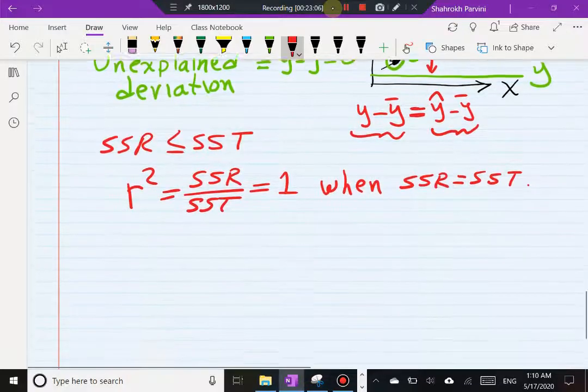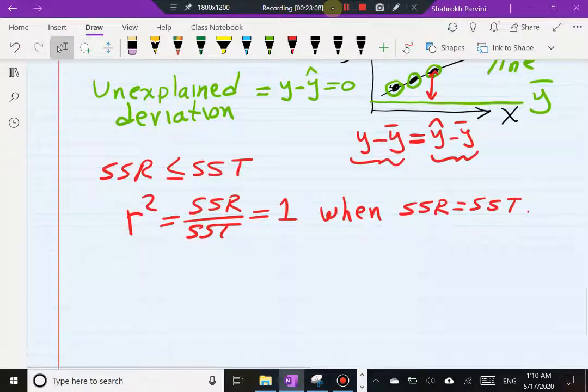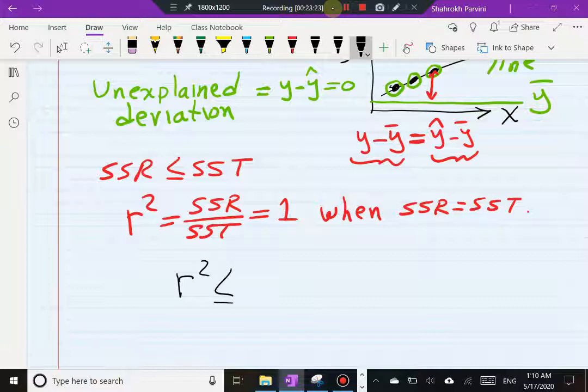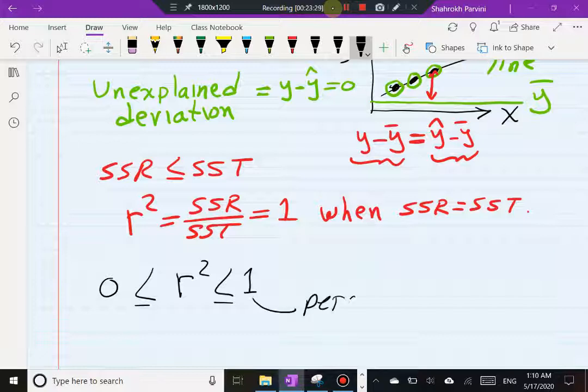Now, the lowest this number can be is 0, when SSR is 0 and that ratio becomes 0 over a finite number, which is 0. Therefore, to make a long story short, r squared ranges between 0 and 1. 1 means perfect fit of the regression.